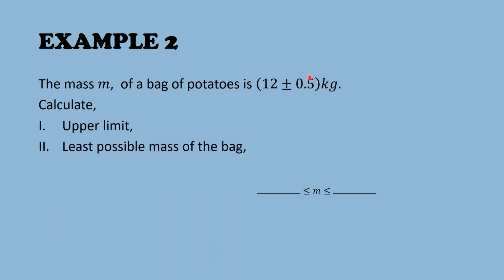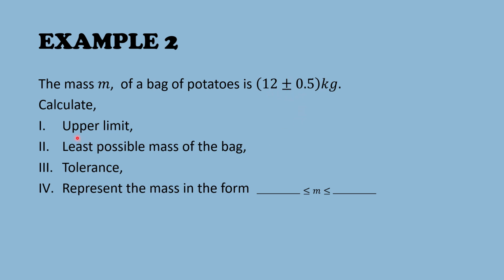Calculate the least possible mass of the bag, then calculate the tolerance, and then represent the mass in the inequality notation there. Let's jump into the solution slide. Take note here, this 12 is the true value. Then the plus minus 0.5 is error.